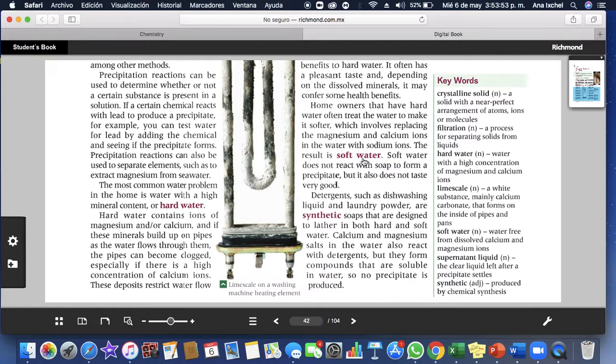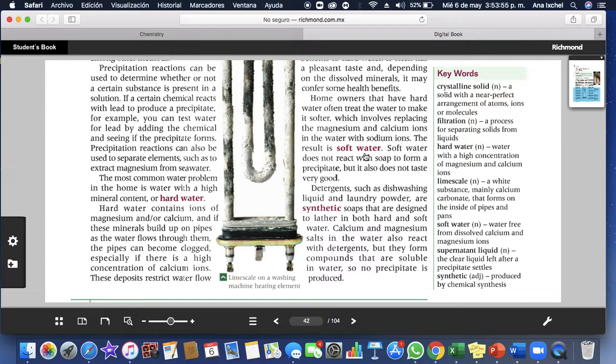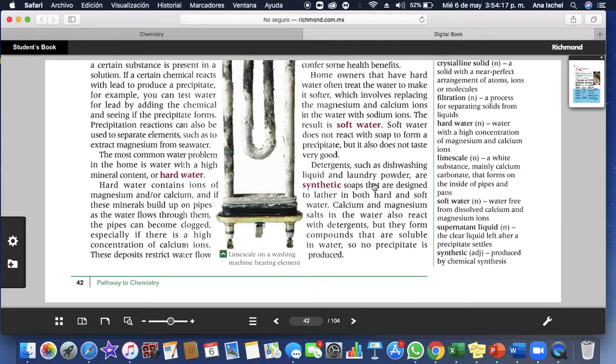Homeowners that have hard water often treat the water to make it softer, which involves replacing the magnesium and calcium ions in the water with sodium ions. The result is soft water. Soft water does not react with soap to form a precipitate, but it also does not taste very good.